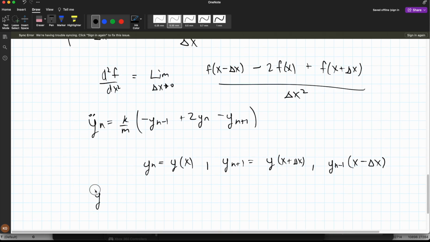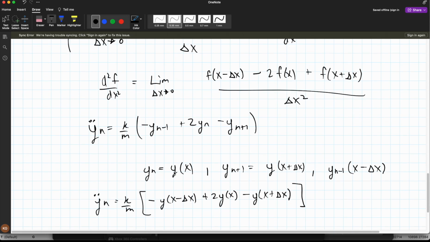We have y double dot, the second derivative of y with respect to time, is equal to k over m, and then we have minus y of x minus delta x plus 2y of x minus y of x plus delta x. Oh, this looks just like our second derivative. What's going on here?